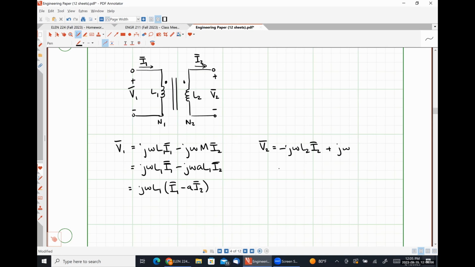L2, we're going to have negative j omega a squared L1, a L1 times I1, pulling out a common factor of j omega a L1, we are left with I1 minus a I2.